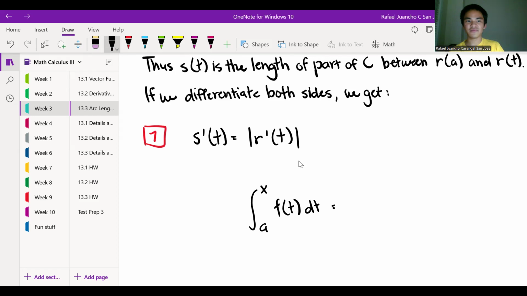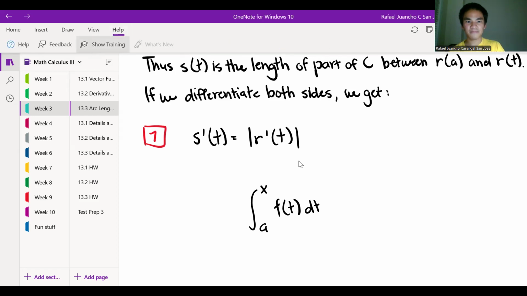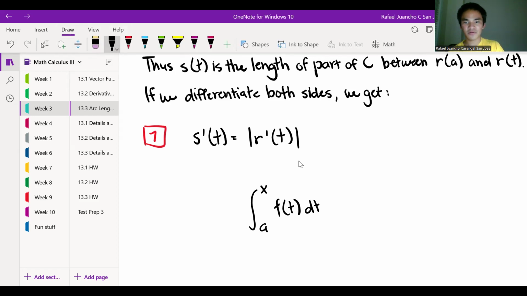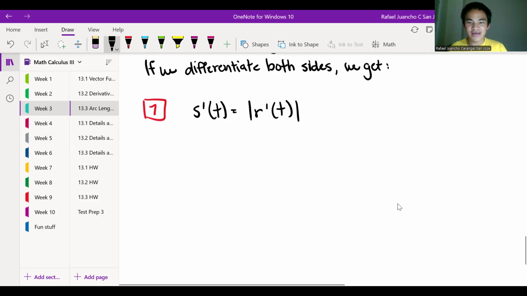Well, if we take the derivative of that, we would get f of x. That's it. That's the fundamental theorem of calculus part one. So again, another calculus 2 lesson.